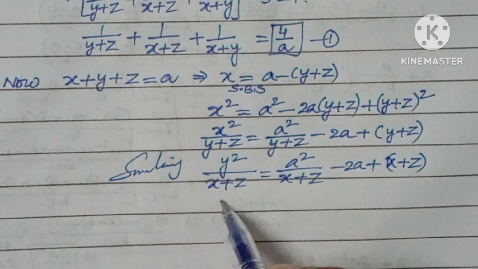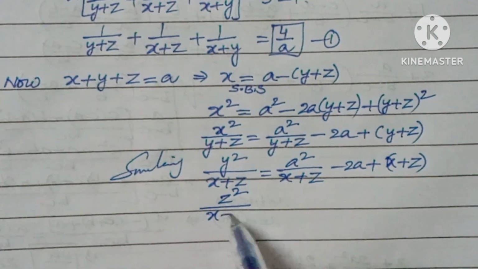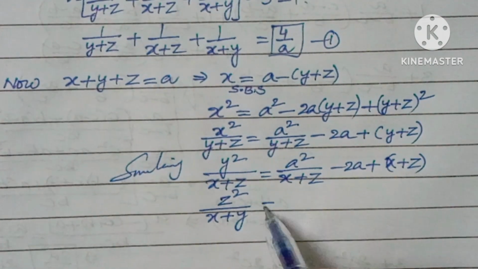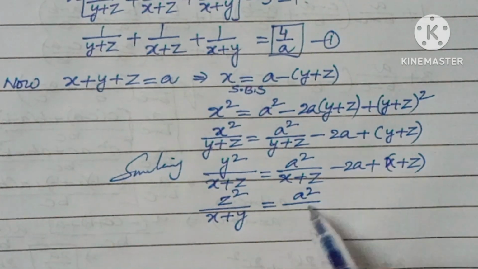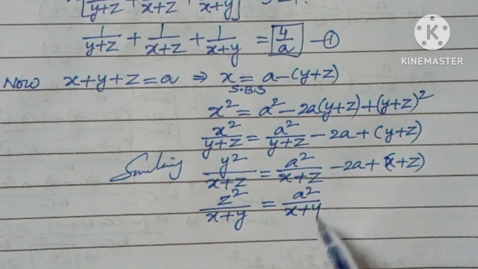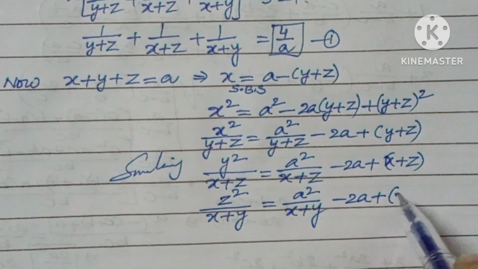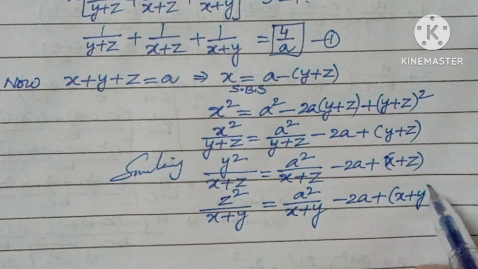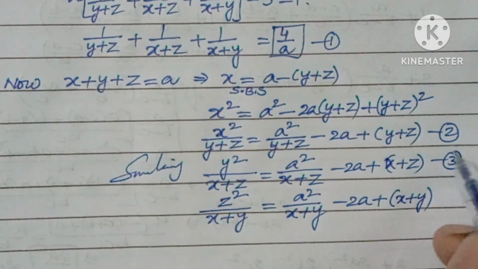And the third one, z square by x plus y is equal to a square by x plus y, minus 2a, plus x plus y. Let us take these as equations 2, 3 and 4.